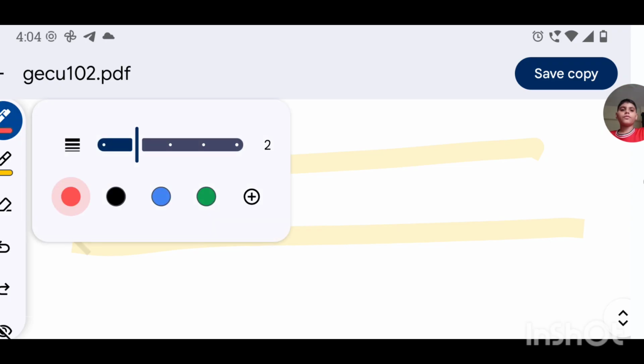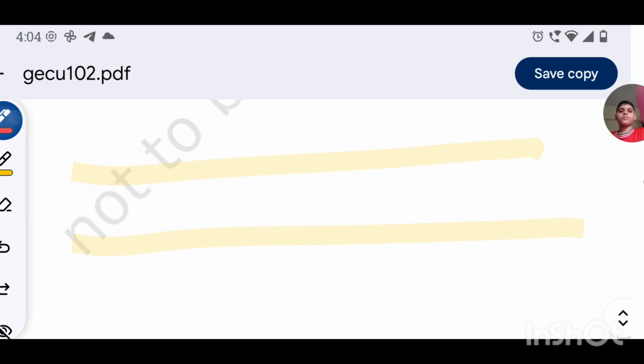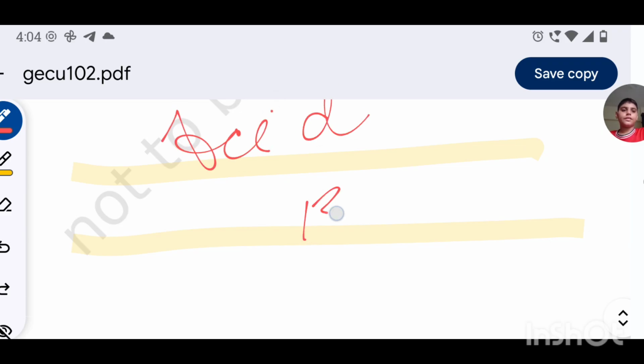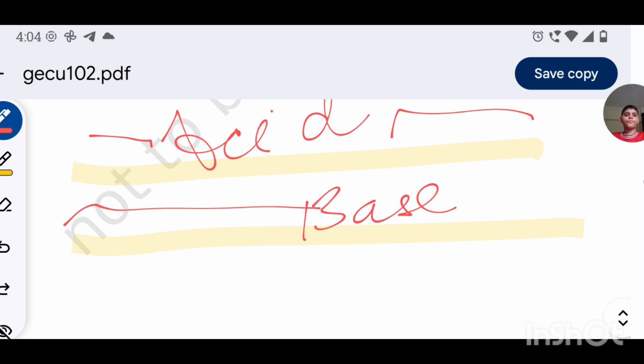This one I will show you as acid and this as base. This side acid, this side base. These are our turmeric papers we took.